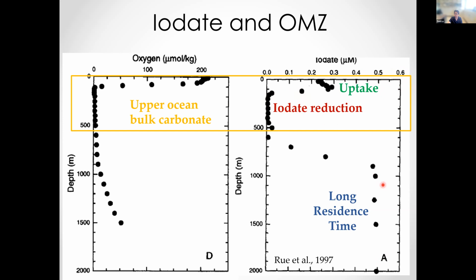And then in the deeper ocean, because iodine has a relatively long residence time, in most of the deep ocean today you will see iodine, or iodate in this case, concentration about 0.5 micromolar. For those of you studying carbonate rocks, especially in the deep time, we're mostly sampling this upper ocean signal.